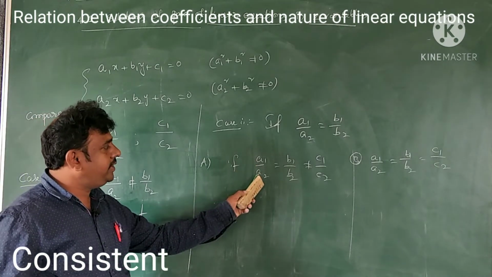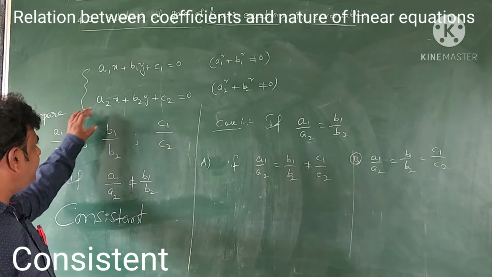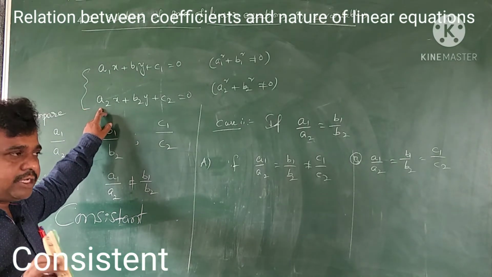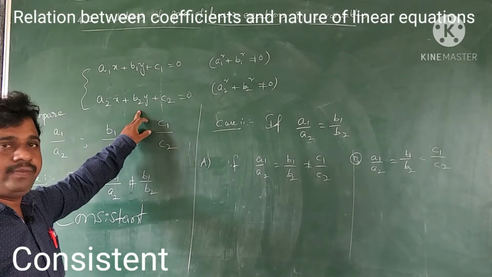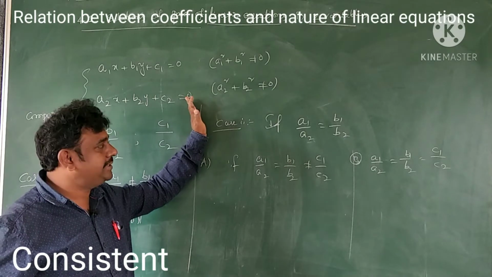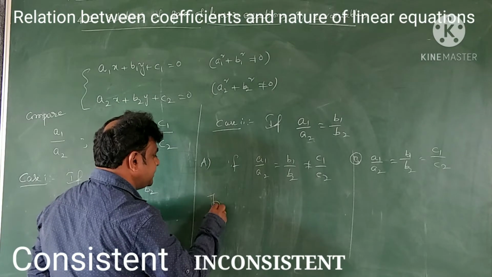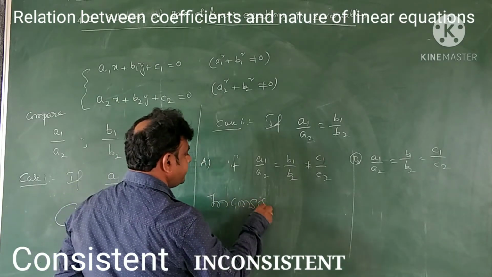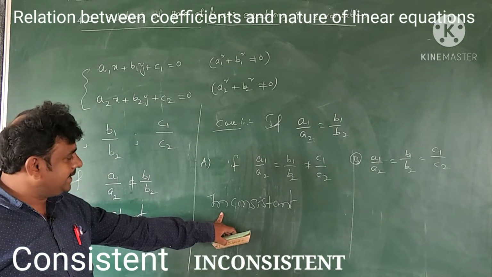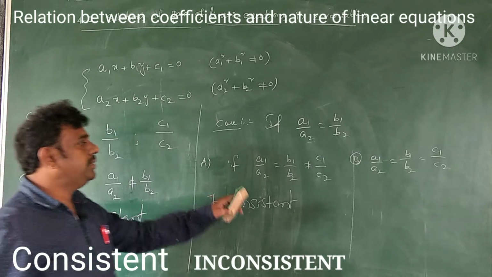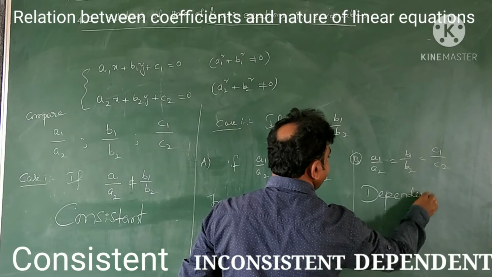If a1/a2 equal to b1/b2 not equal to c1/c2, that means the ratio of coefficients of x and the ratio of coefficients of y are equal, then we must compare with the constant. If the constant ratio is not equal, these are called inconsistent. If all are equal, these are called dependent.